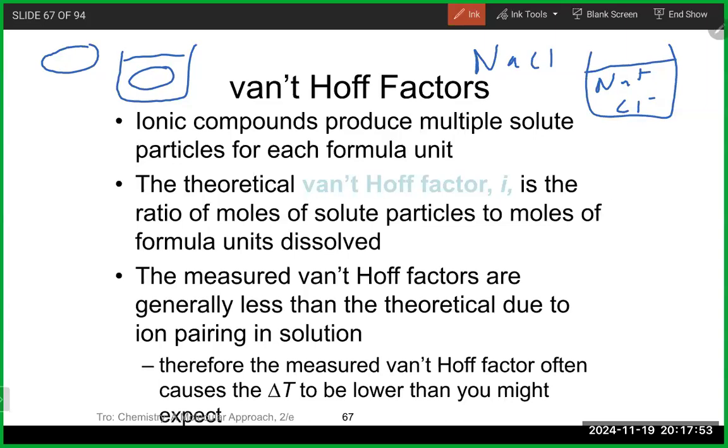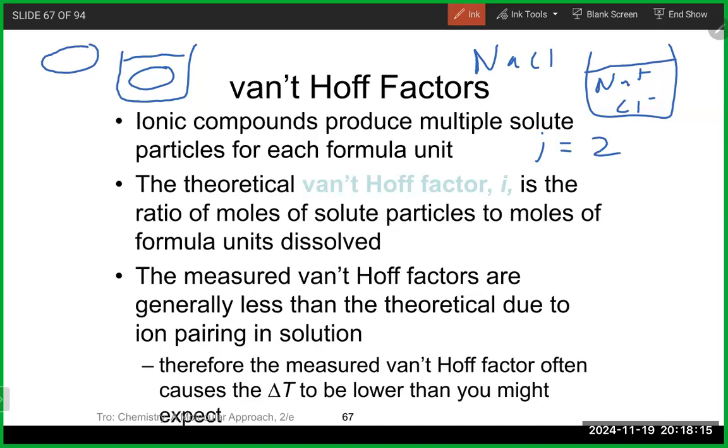And that's important because all these colligative properties are based off of how many particles there are in solution. So because something that's ionic will completely break apart, for example, in a solvent like water, you have to take that into account. And that's what's known as the van't Hoff factor, which is i. And in this case for sodium chloride, i would equal 2.